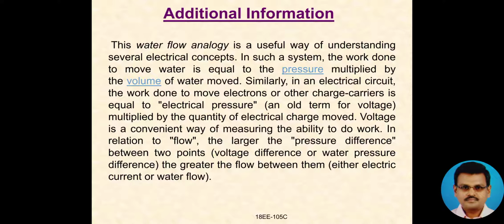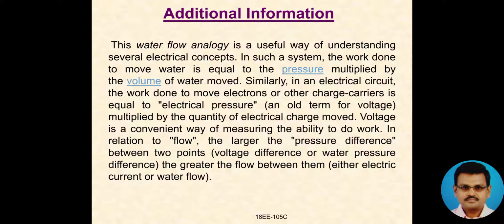Already we discussed the potential difference, how we can find the potential difference between the 2 points A and B. Suppose A is at plus 7 volts and B is at plus 3 volts, then the potential difference is 7 minus 3, which is 4 volts.